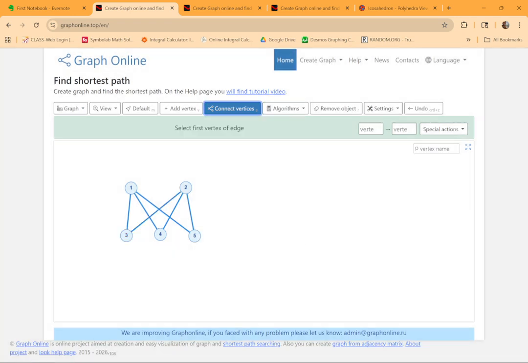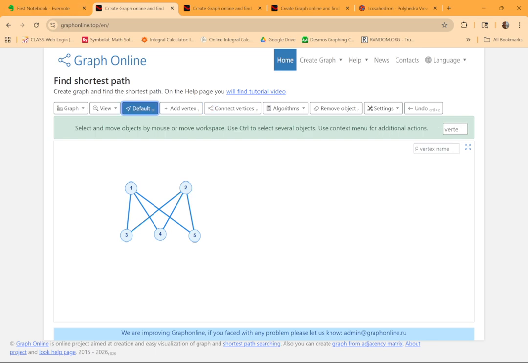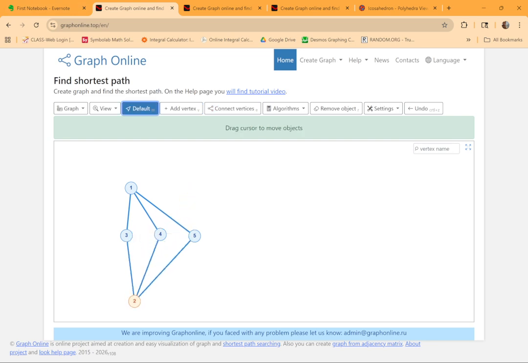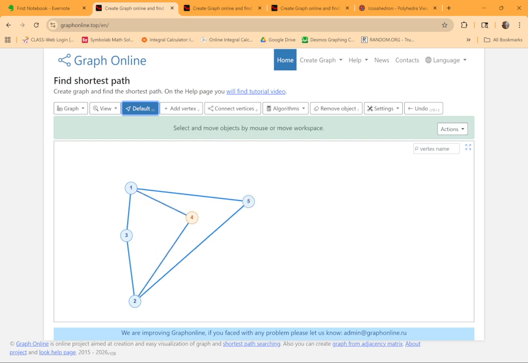The goal here is that we can move the vertices to have a planar graph.